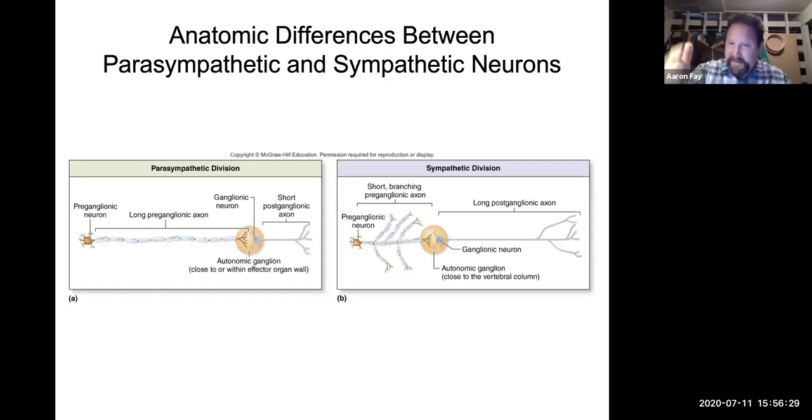Whereas in the sympathetic division of the autonomic nervous system, the preganglionic axon has many branches, so that will lend itself to neuronal divergence. And if you think about it for a second, this makes total sense. What does your sympathetic nervous system control? Fight or flight.